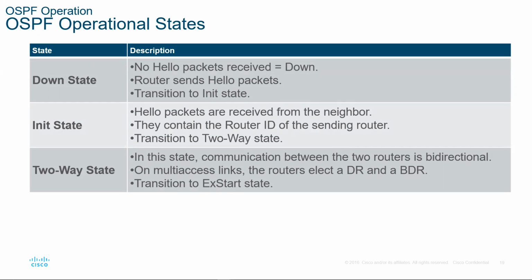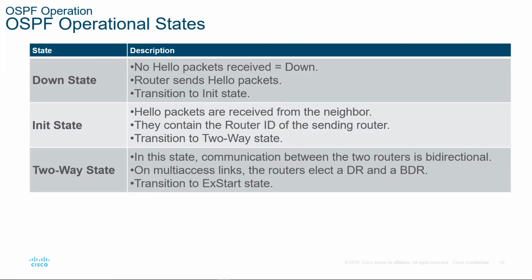Two-way state is where, as I said earlier, communication is bidirectional. In other words, in the hello packets, it can now see its own router ID in the neighbor packets received. So it knows an exchange of information is now possible.